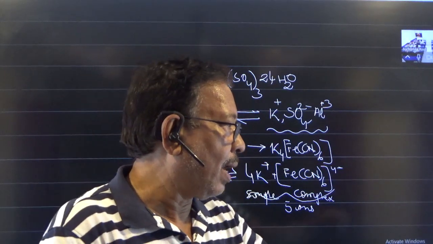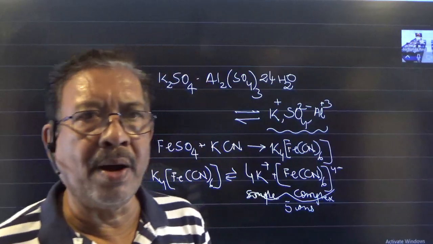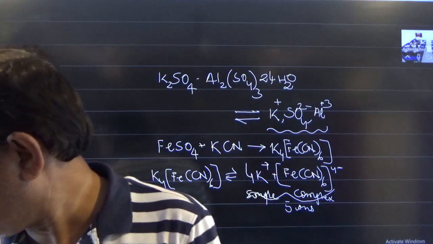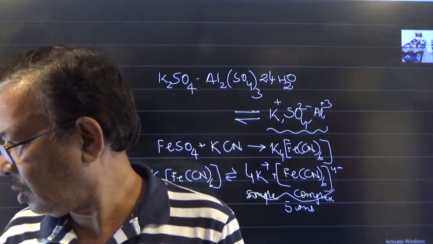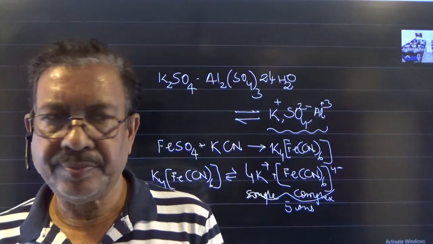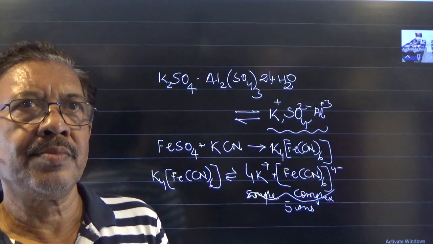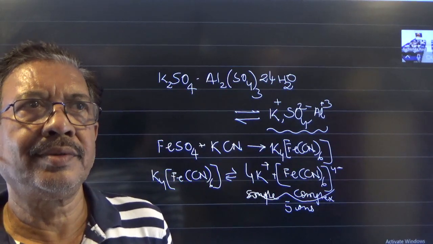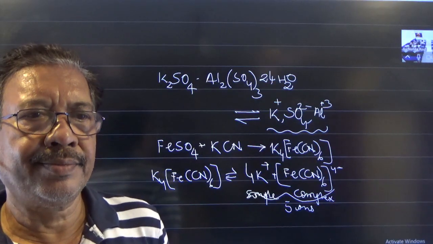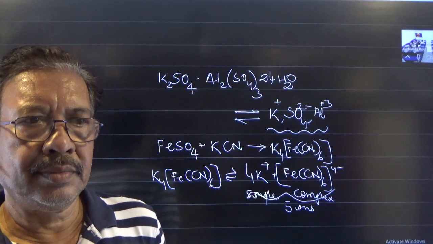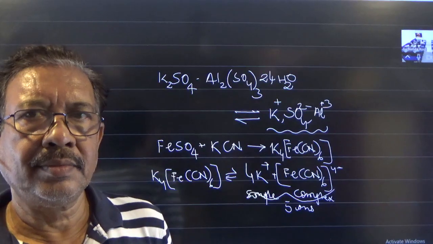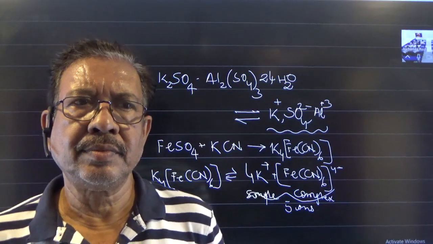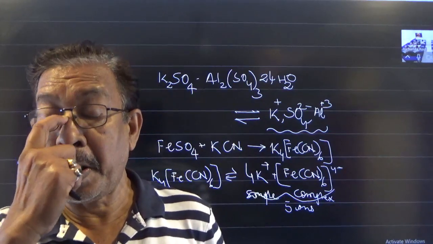Write down, everybody, one line: when a complex compound is dissolved in water, it gives simple ion and complex ion.